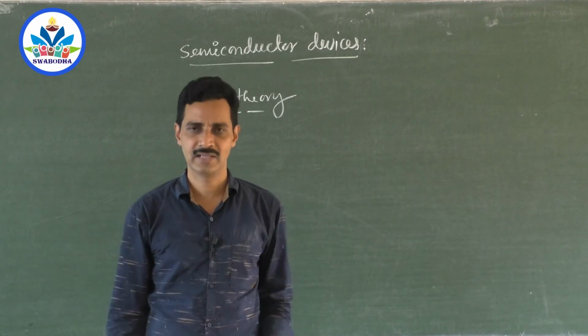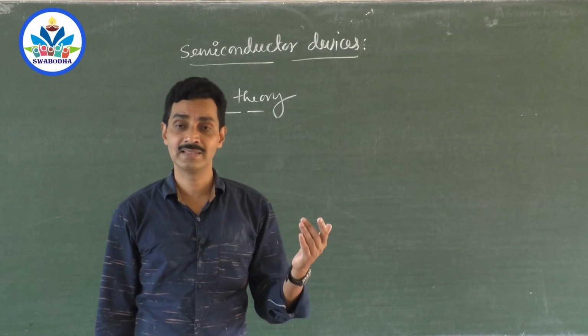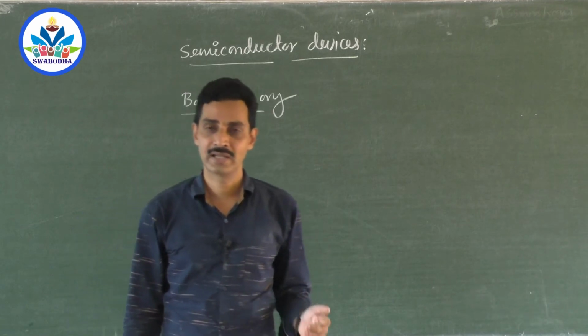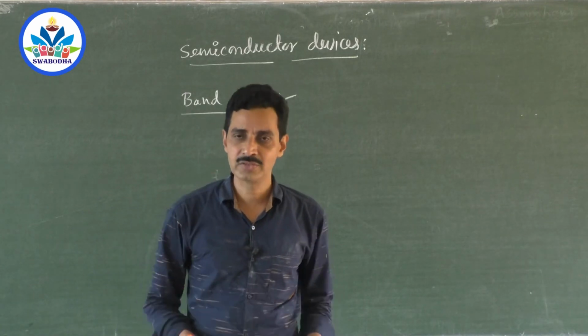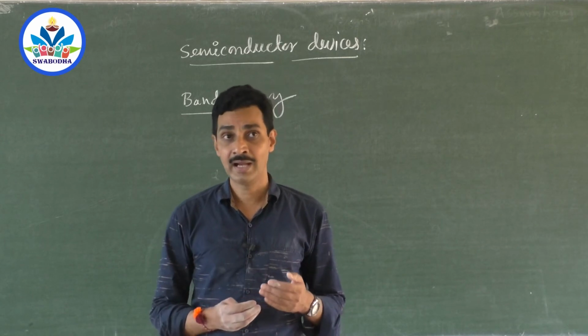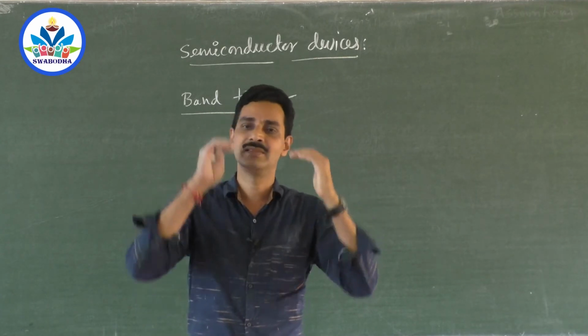So these are different energy levels. If you go on studying the energy levels of electrons, you will find that electrons will have a particular energy level. If you give energy to a certain electron, it will absorb a particular energy and go to another group of electrons or another energy level.